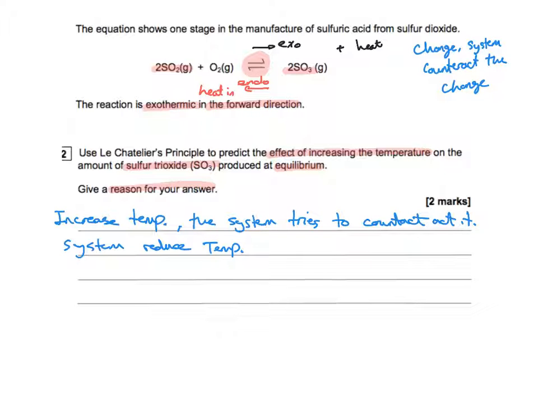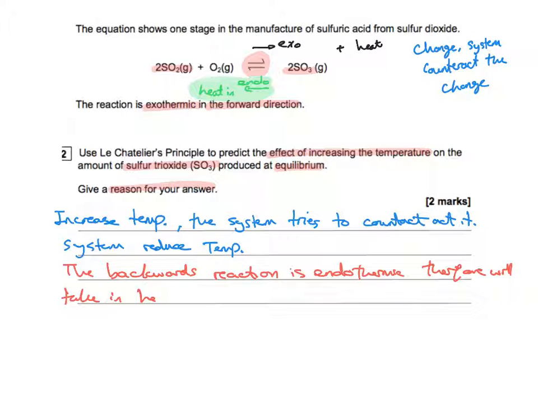The way we're going to reduce the temperature is by doing the endothermic reaction, because endothermic takes in heat. So the backwards reaction is endothermic, therefore it will take in heat.